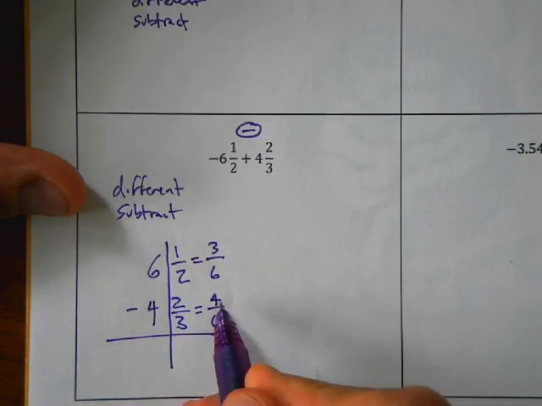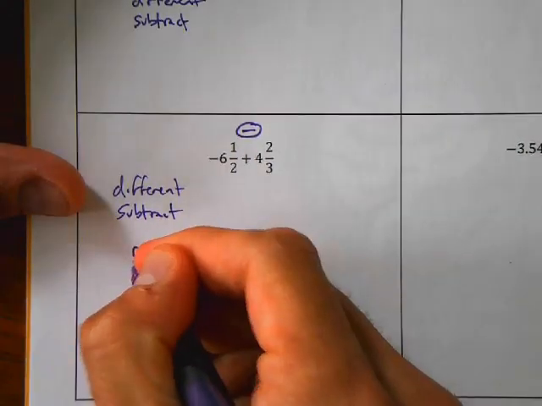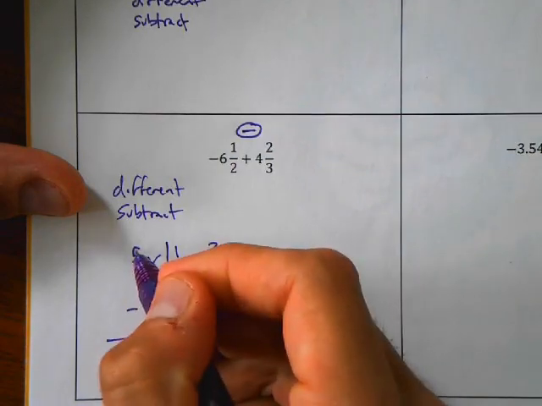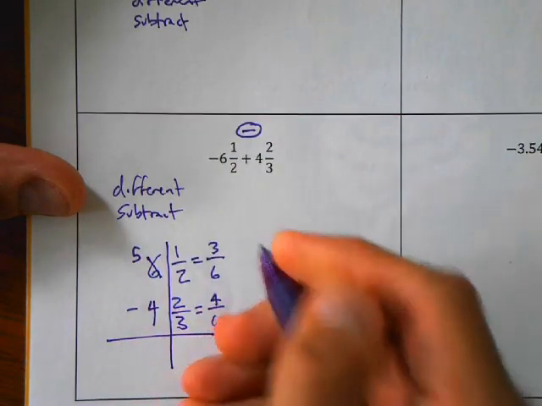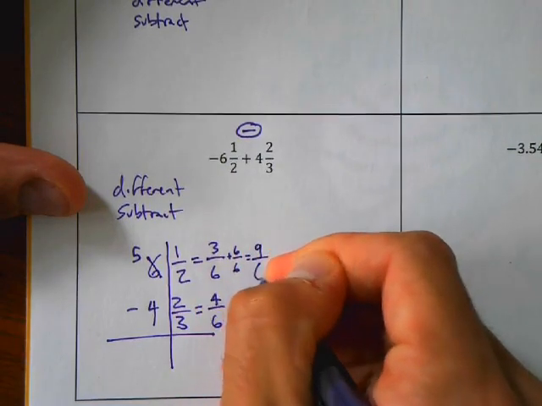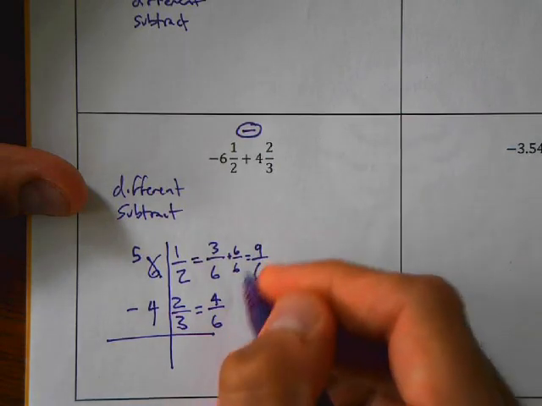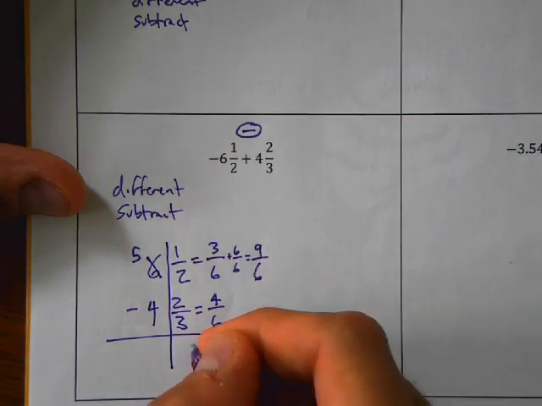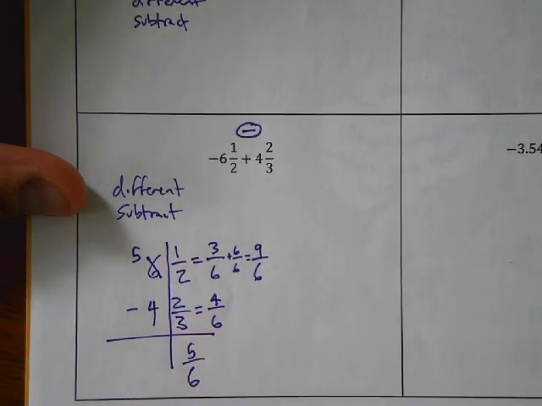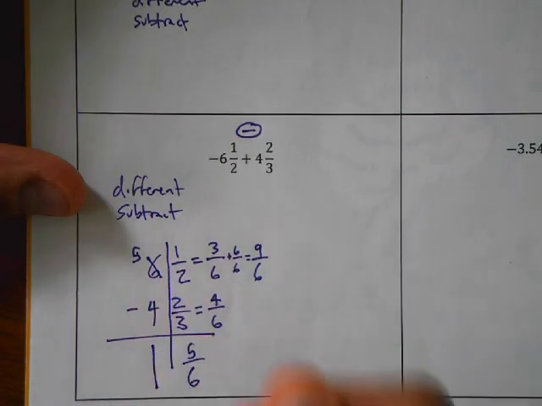And since 4/6, I need to take that away from 3/6, I have to borrow from this whole number, which means I'm going to take one whole all the way over here. And so 6/6, it's going to end up being 9/6. That's what that new fraction is. And 9/6 minus 4/6 is 5/6. And I'm not done yet because I've still got to subtract the wholes. 5 minus 4 is 1.